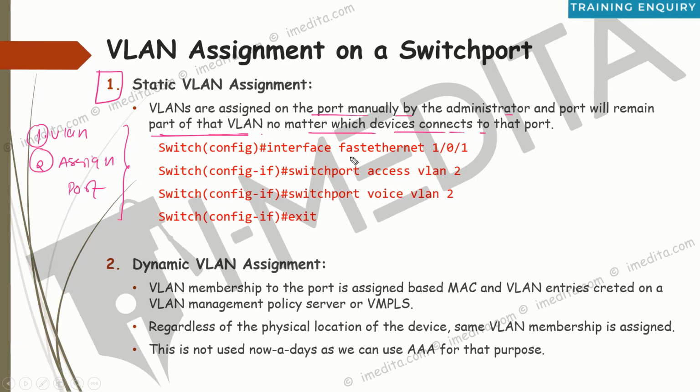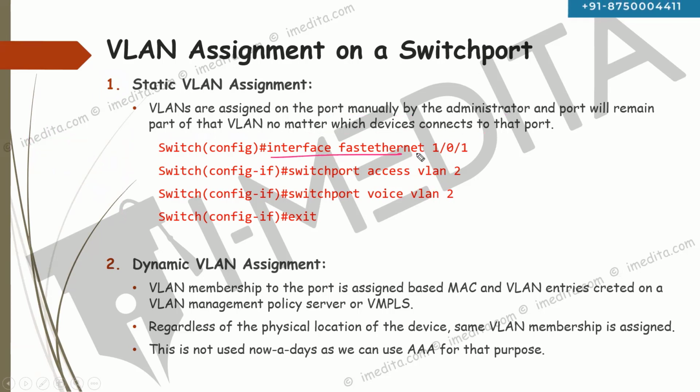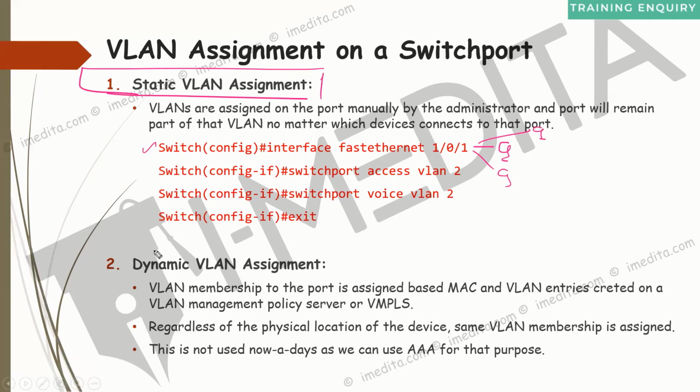So if I configure, for example, FA 1/0/1 as part of VLAN 2, anyone who connects to this port will become part of VLAN 2. It's a static configuration of the VLAN on that particular switch port.